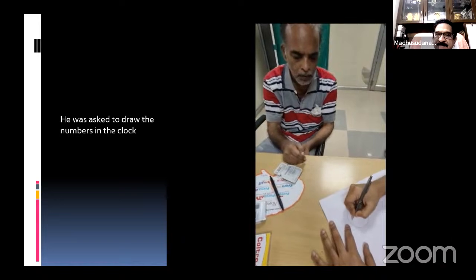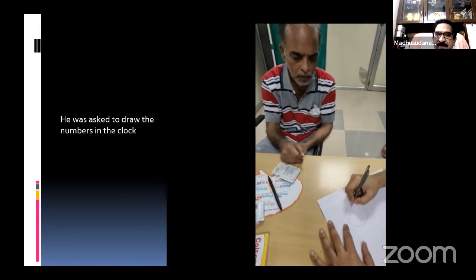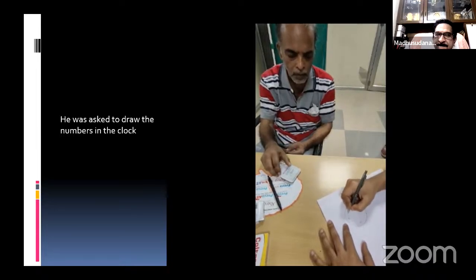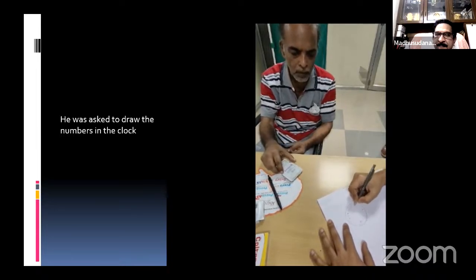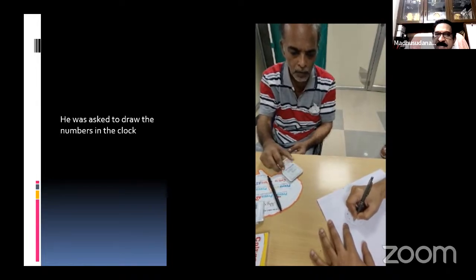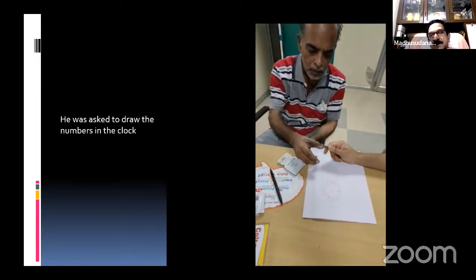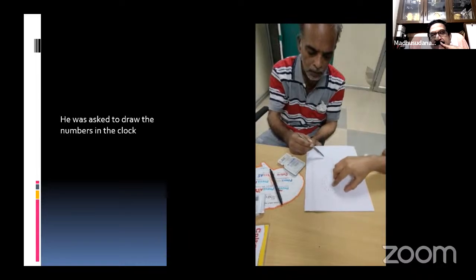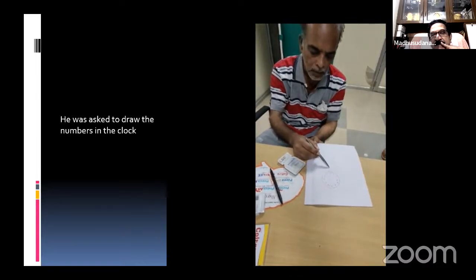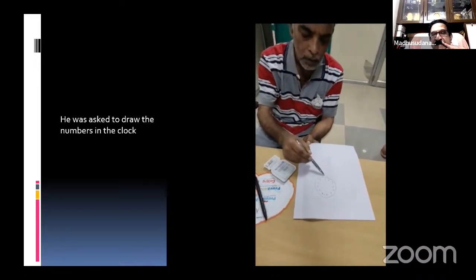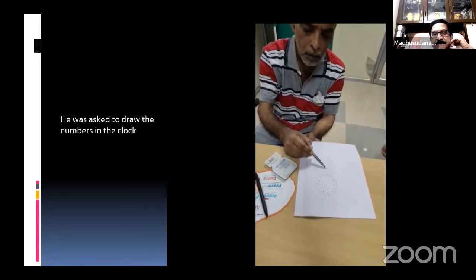Then the doctor made the numbers on the clock himself and asked the patient to draw the minute and second arms of the clock, showing a particular time, 10 past 10. So what does he do? He's just scribbling outside the circle.